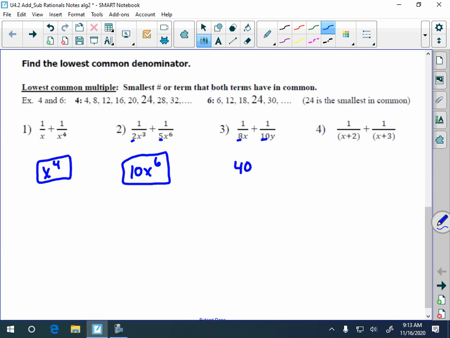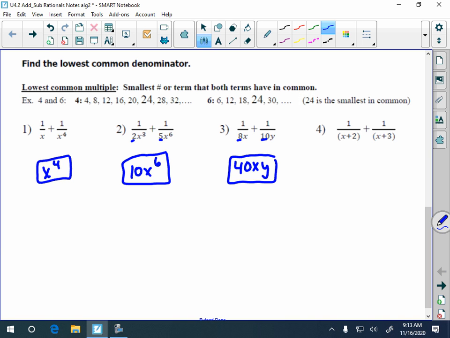You have an x and then a y. Since they're different variables, you have to take both of them. So you need x and y, and again, it's just a multiplication. So 40xy would be the lowest common denominator. When you have variables that are different, you have to bring them both into the denominator. If they're the same, you take the highest exponent.